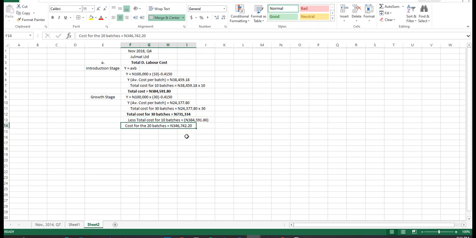You can see that even the cost of 20 batches is less than the first 10 batches. So this 731 is actually not for the whole 30 batches. It is cumulative of that initial 10,000 units, just like starting from zero. The 10,000 units plus another 30,000.